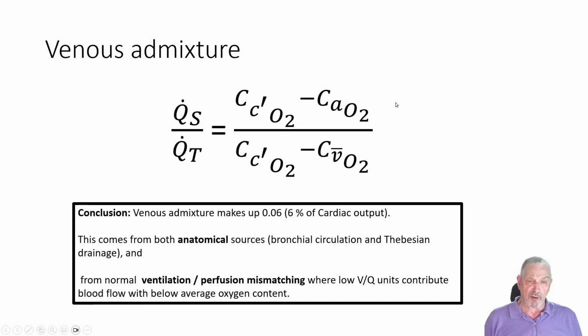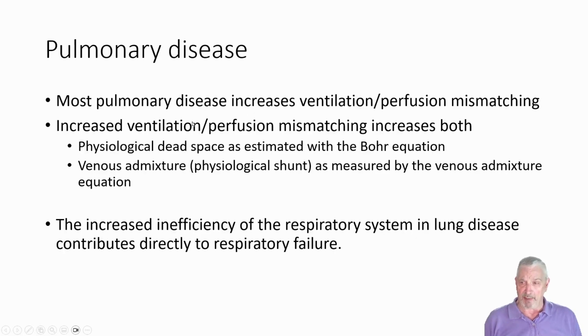So these two equations telling us about mixed airflow and mixed blood flow are two sides of the coin about respiratory efficiency. Where this becomes important to us is in pulmonary disease, when we get increases in ventilation perfusion mismatching.